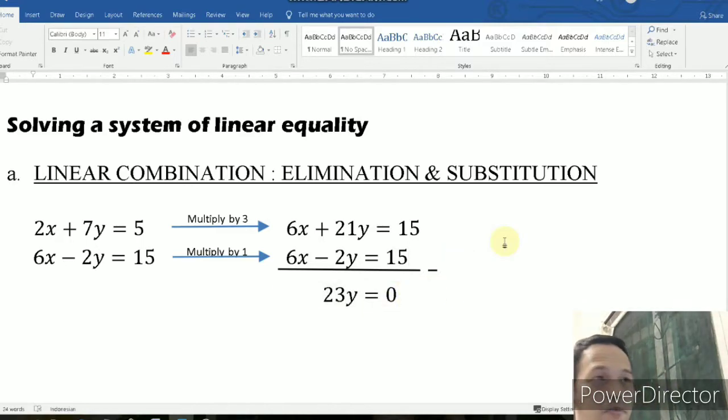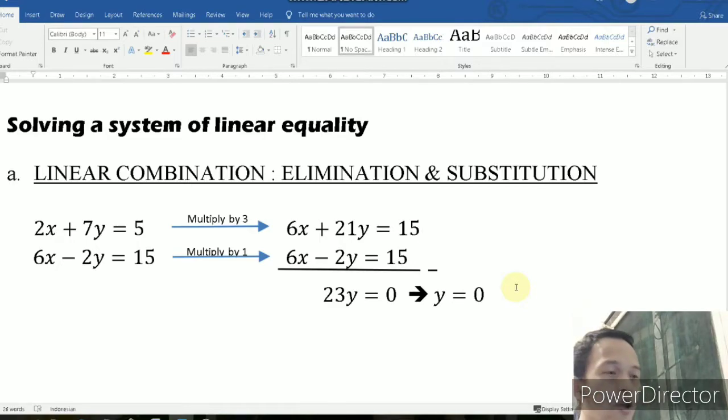Using the multiplication property of equality, I will have y equals 0. I want you to understand that it doesn't mean that it has no solution. It has a solution, but the y equals 0. So let's move forward.